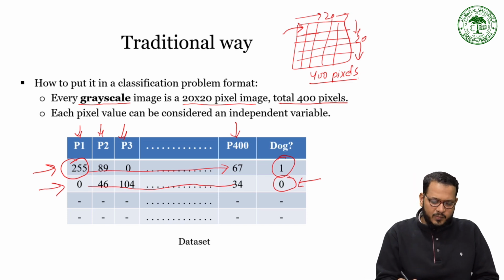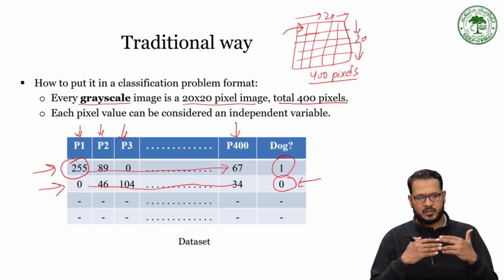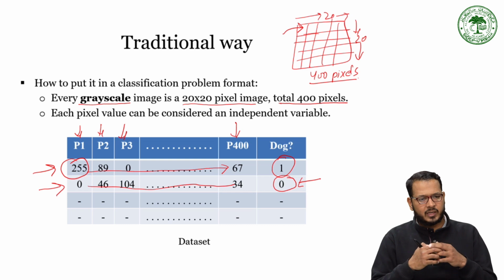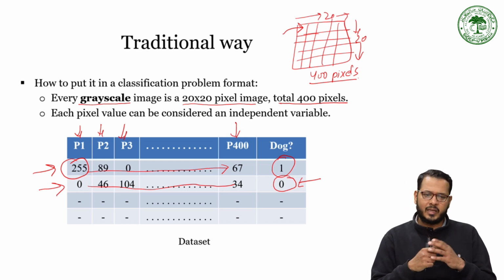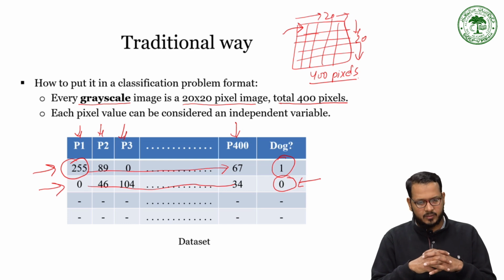So this is how we take the image data set and convert that into the standard classification problem format, where the standard machine learning algorithms like logistic regression and others can be applied on this dataset.